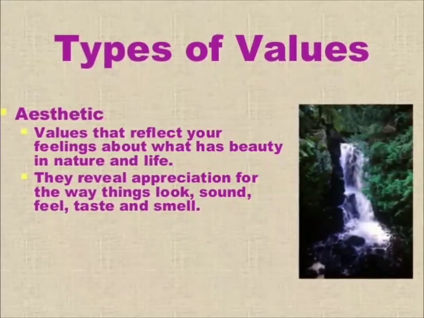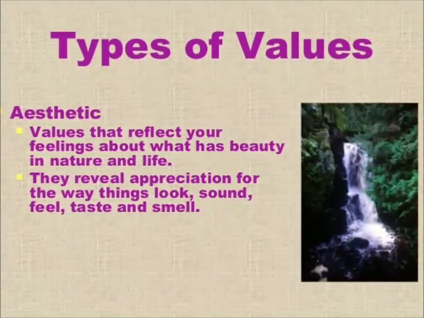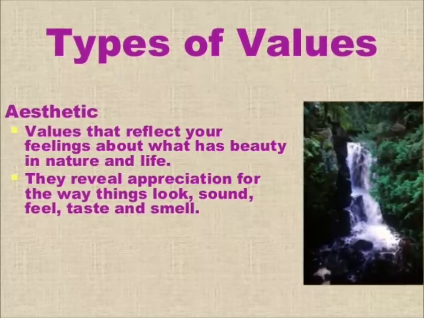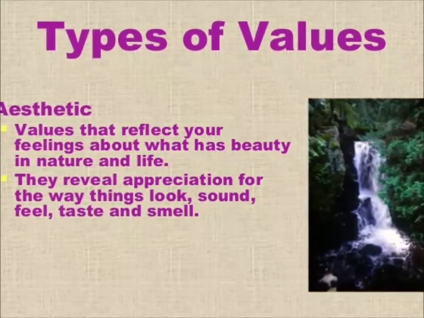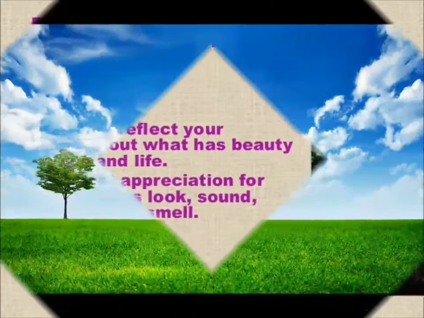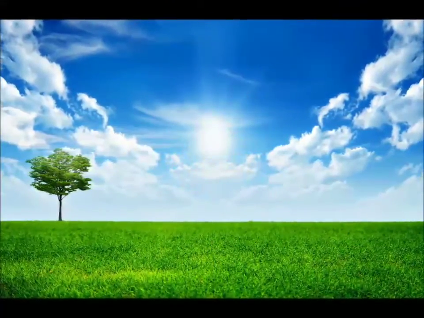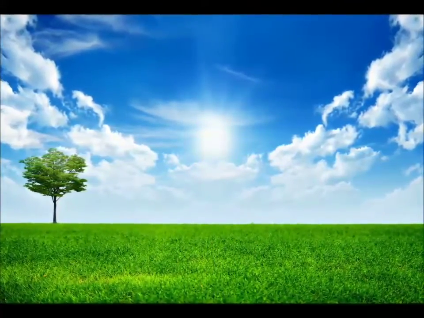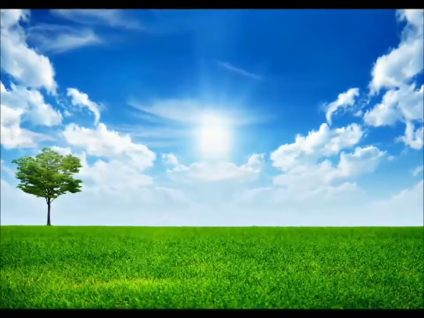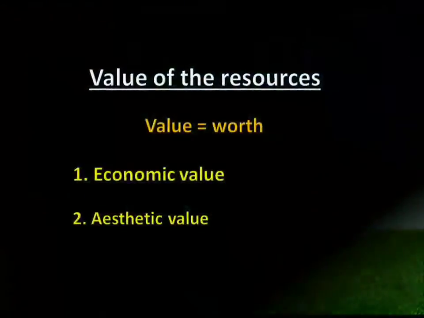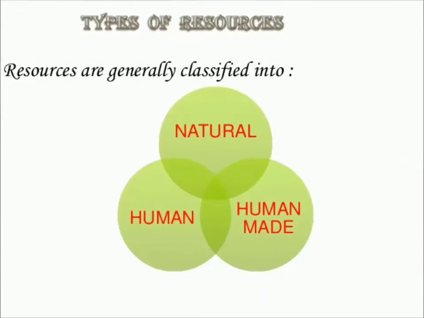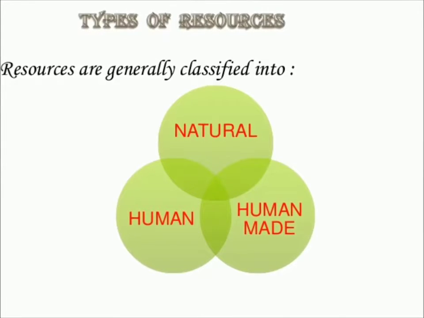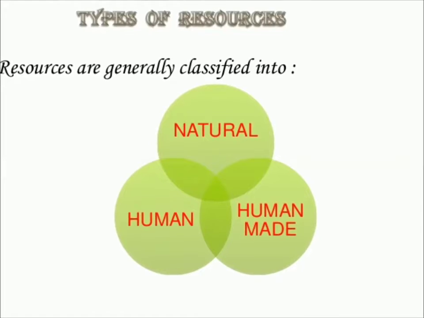Whenever we are enjoying or feeling something while using a particular product, that is known as its aesthetic value. While we are seeing a beautiful scenery or a movie, or while we are painting or singing, we are enjoying something. So two types of values are there, economic or aesthetic.